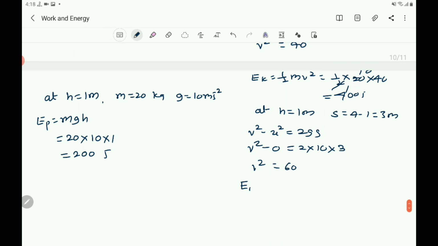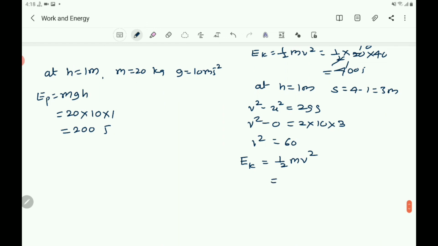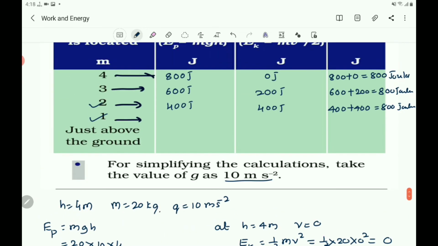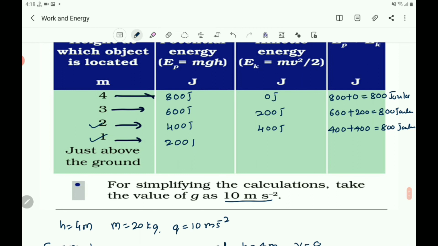Then Ek equals half mv square, that equals half into m. m is 20, and v square is 60. So 2 ones are 2, 2 tens are 20, that equals 600 joules. This is 200 joules, this is 600 joules. So you will get 200 plus 600 equals 800 joules.